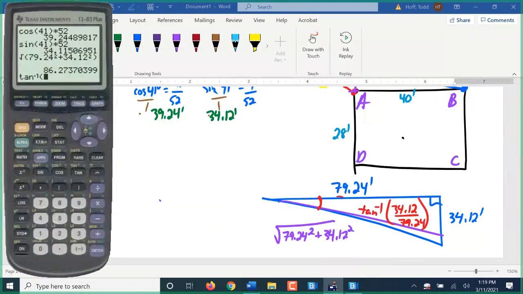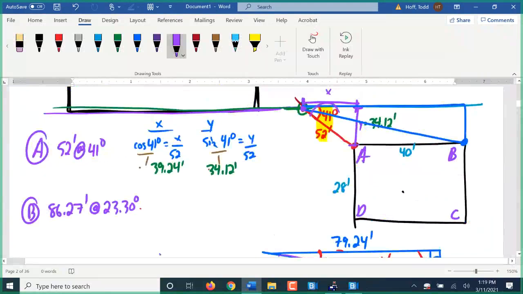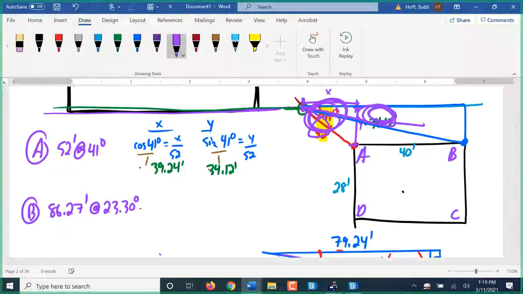Second tangent, 34.12 divided by 79.24, giving me 23.30 degrees. Now that makes sense. This was 41 degrees here. This angle here is going to be a lot smaller because it's stretched out further.